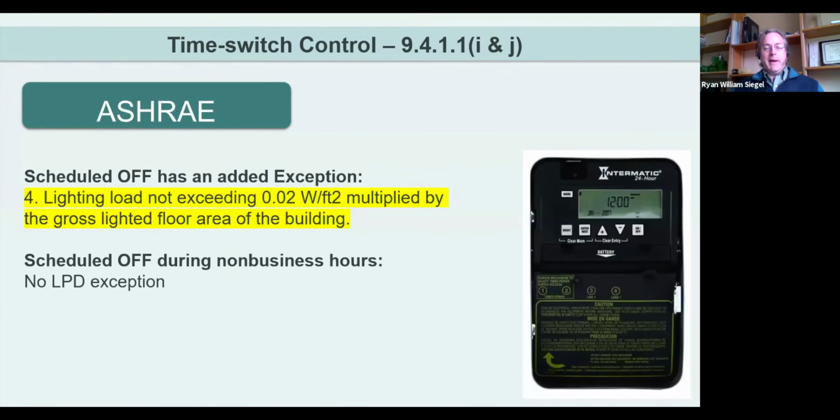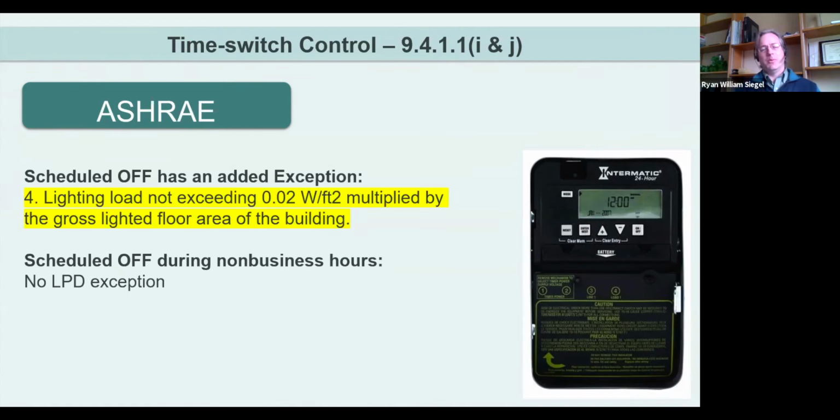So we go over to ASHRAE. ASHRAE does allow an exception for time switch controls. They say you can basically take enough fixtures off such that you're not over 0.02 watts per square foot. What this is looking at is life safety, egress. I need to keep that light fixture on.